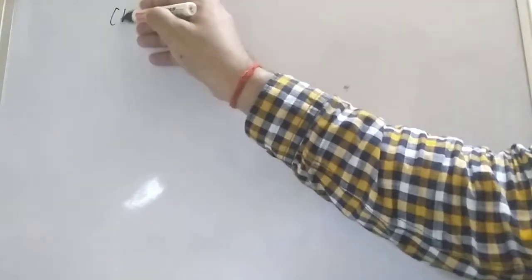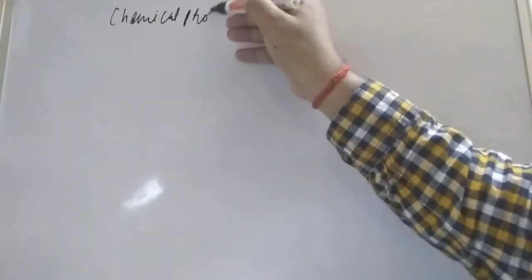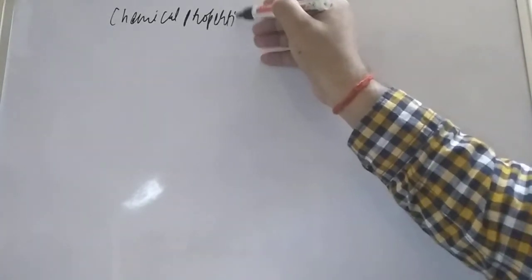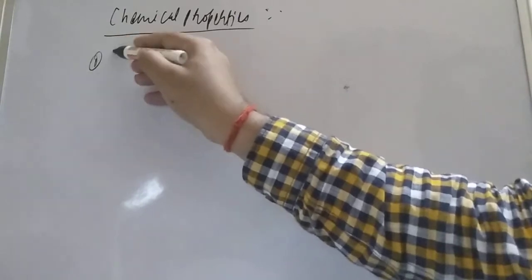So let us write down some of the chemical properties with the help of headings. The first chemical property, student, which we are writing, is dissociation.